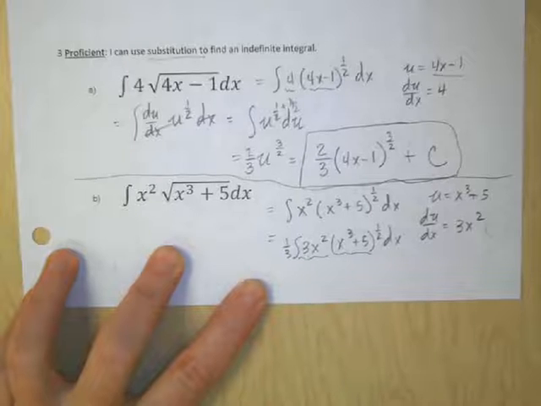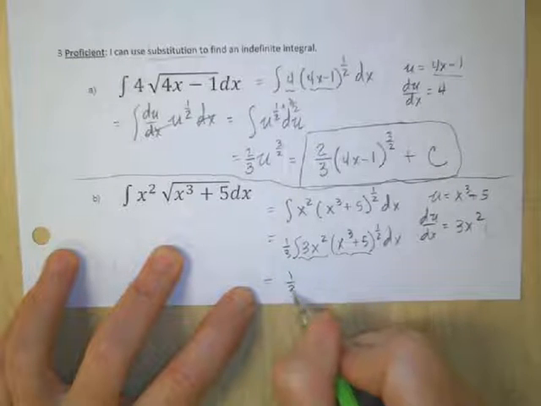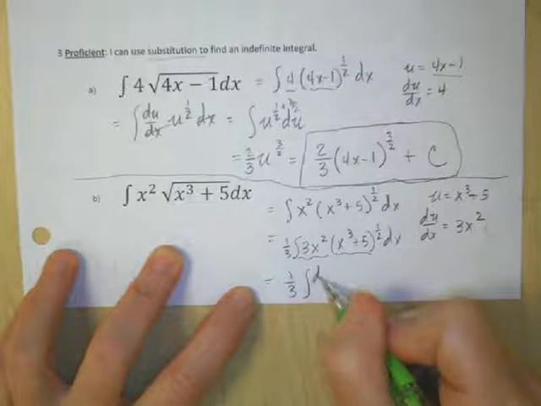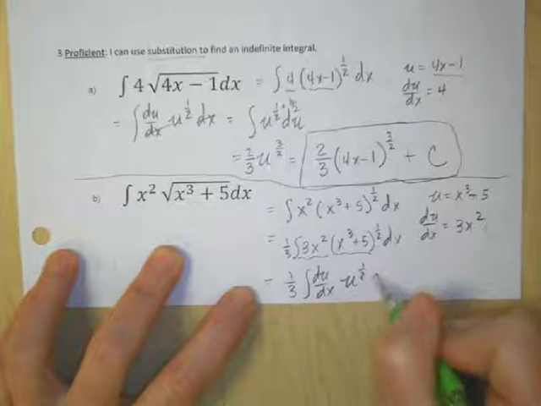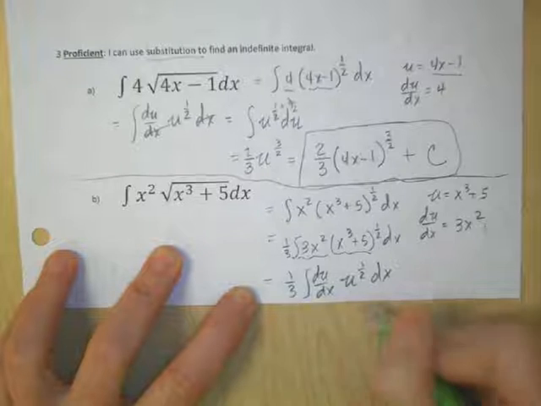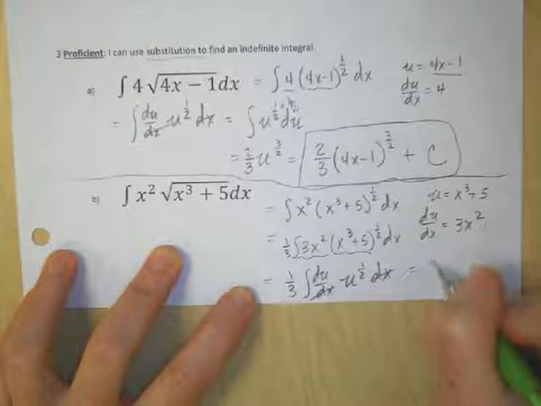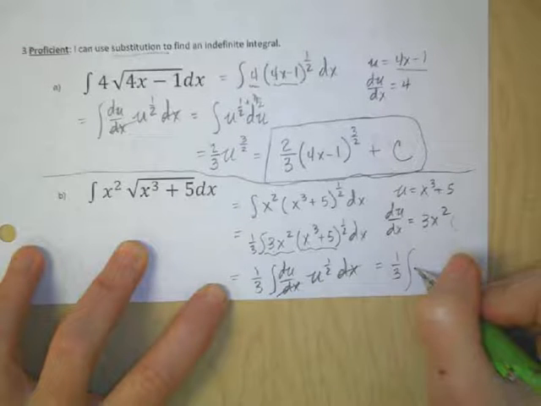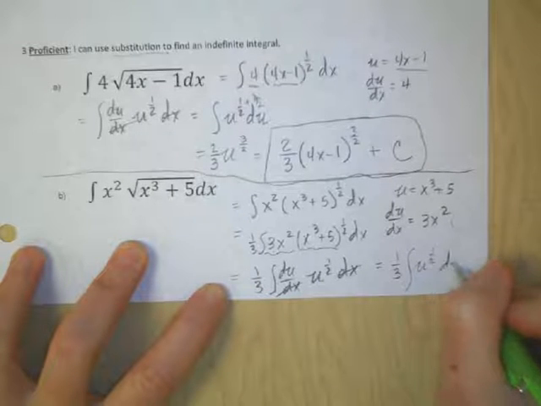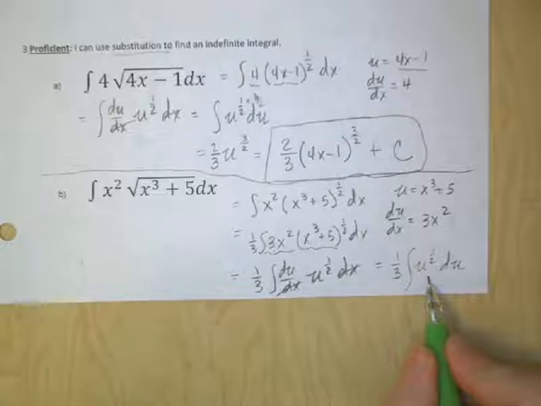So I can rewrite the whole thing as 1/3 du/dx times u to the 1/2 dx. The dx's cancel out, and I have 1/3. I'm going to write the u to the 1/2 first, du. And now I can do the integral of that.